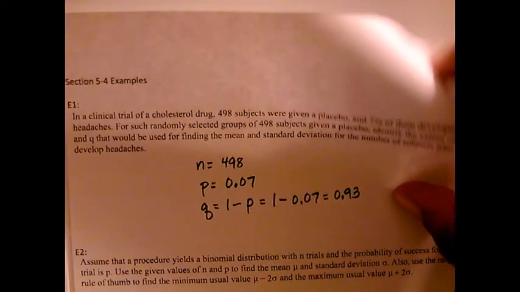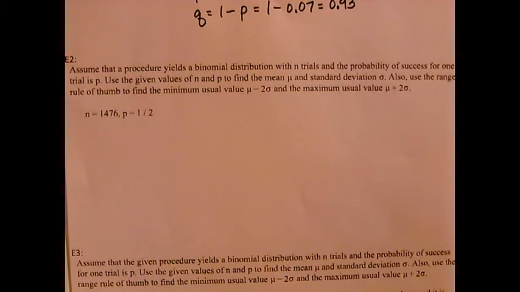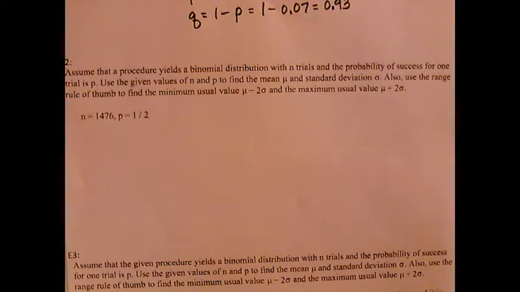Okay, now, number 2, this next example. Assume that a procedure yields a binomial distribution with n trials and the probability of success for one trial is p. Use the given values of n and p to find the mean and the standard deviation. Also use the range rule of thumb to find the minimum usual value and the maximum usual value.